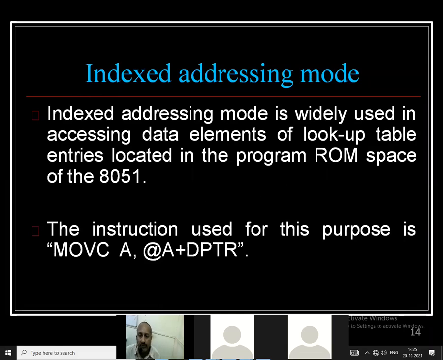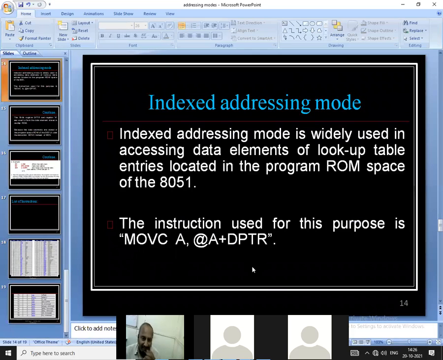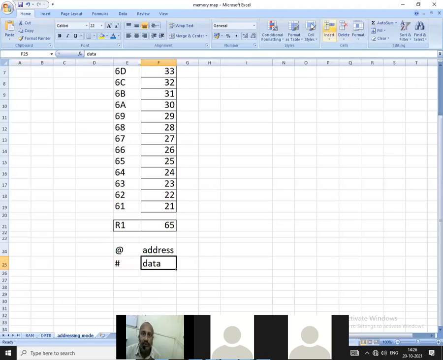This we will focus on in the next session, because the earlier four are similar to each other and indexed is a different one. But before that I want to add it to your addressing modes examples. So all of you be attentive.